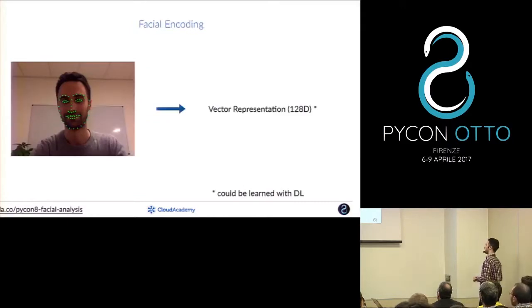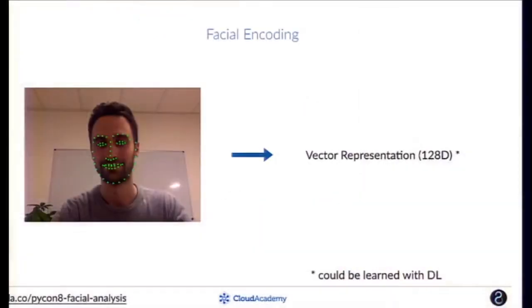So how does it work? Well, you want to take those 60, 70 points that we found at the first step and use them to build a vectorial representation of your face.